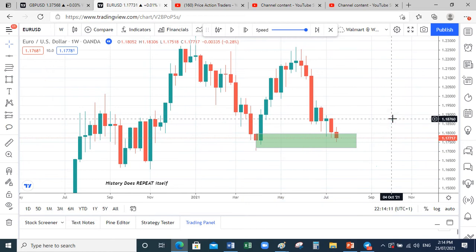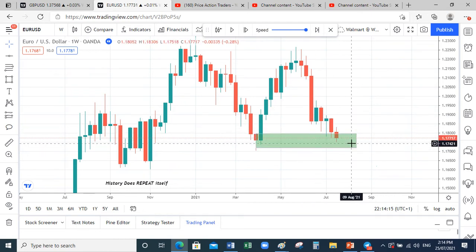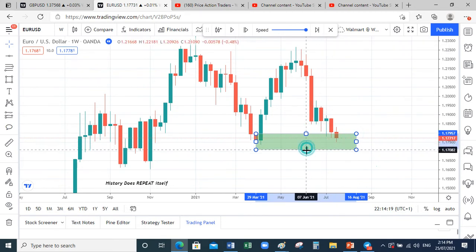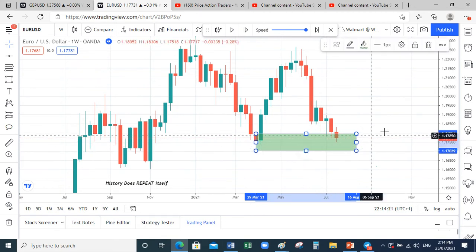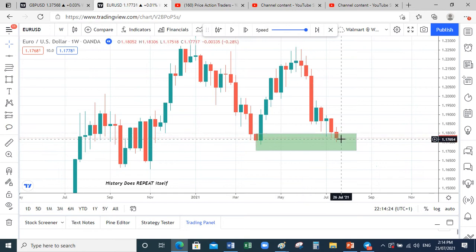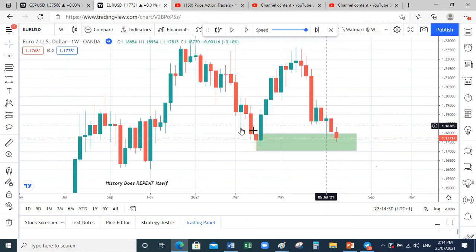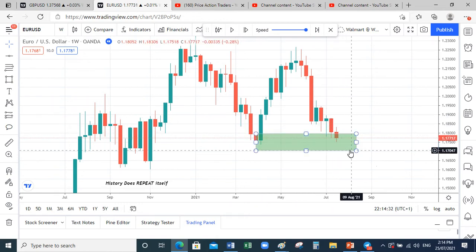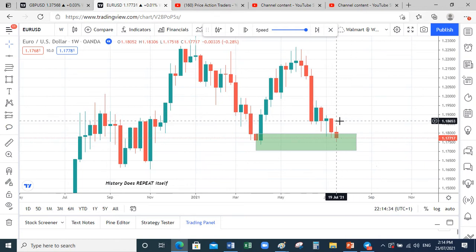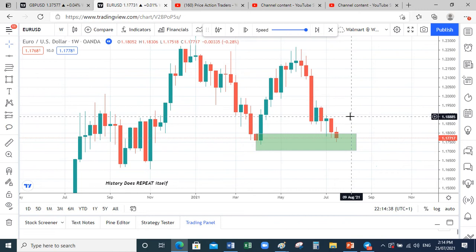On Friday, I said that price may possibly bounce off this demand zone coming into the opening session of the market today. Price will likely go up to this place to retest it, or it may come down a bit, but at least we are looking at the price moving upward here.